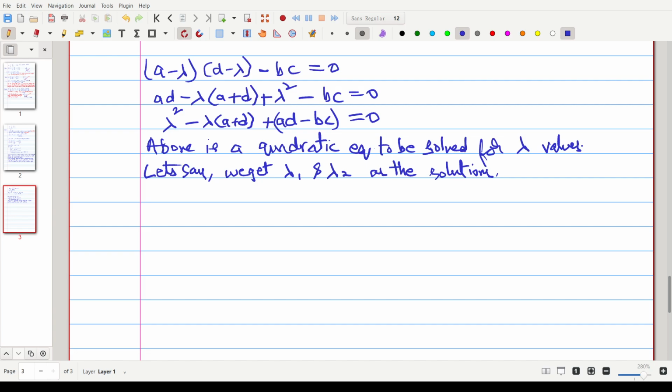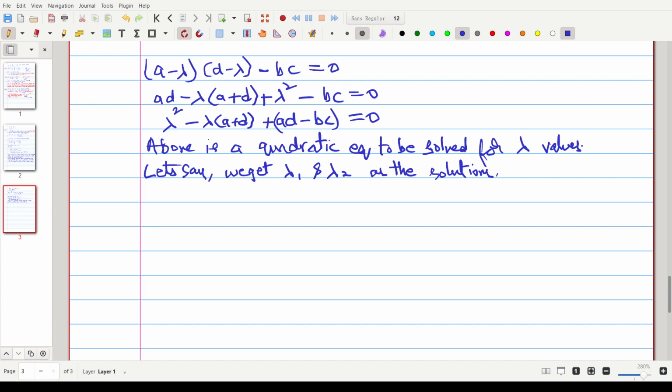Then moving on to finding the corresponding eigenvectors also, because this lambda 1 and lambda 2 are nothing but the eigenvalues, the factors by which the eigenvectors are scaled. So at this point we know by what factors the eigenvectors, if they exist, are scaled, but we don't exactly know the eigenvectors yet. So we go on to find those eigenvectors, and we do that by substituting these lambda values in the governing equation.